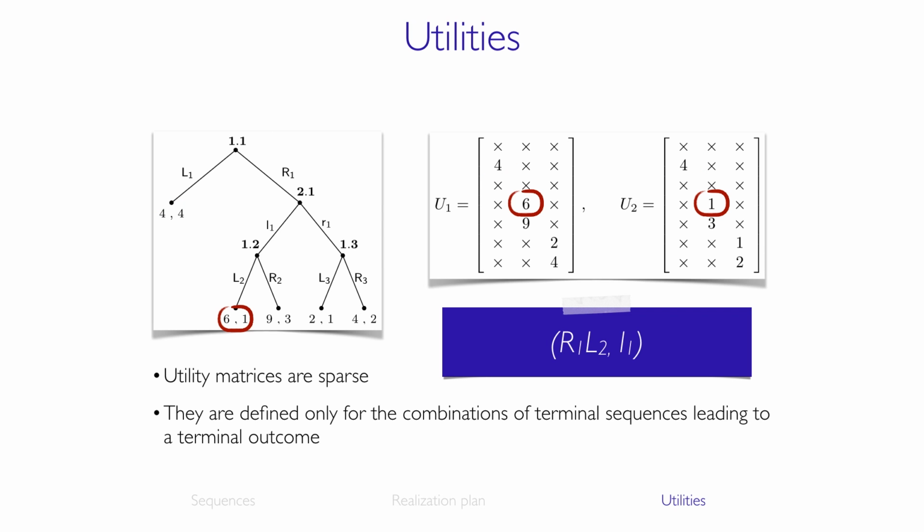The profile uppercase R1, uppercase L2, lowercase l1 leads to 6, 1. No other combination of sequence uppercase R1, uppercase L2 of player 1 leads to an outcome. Another example is uppercase R1, uppercase R2, lowercase l1. That leads to 9, 3.